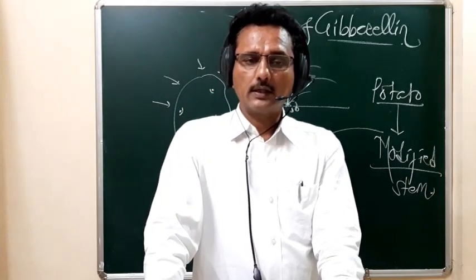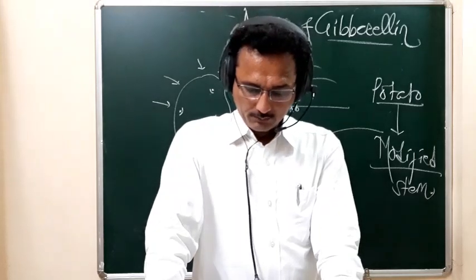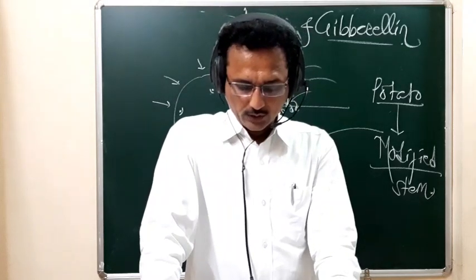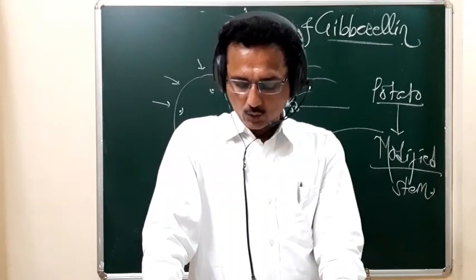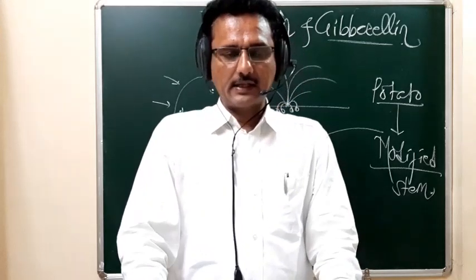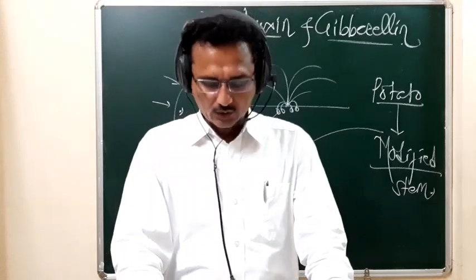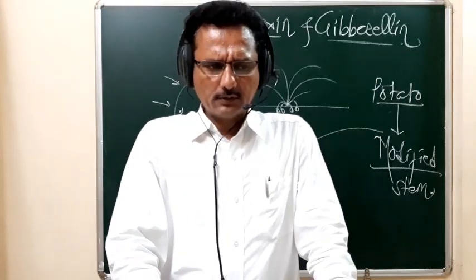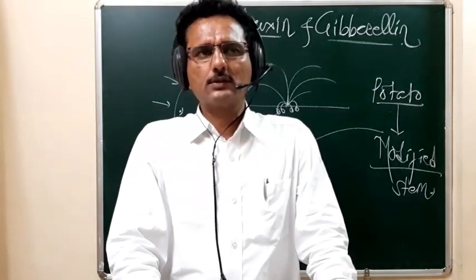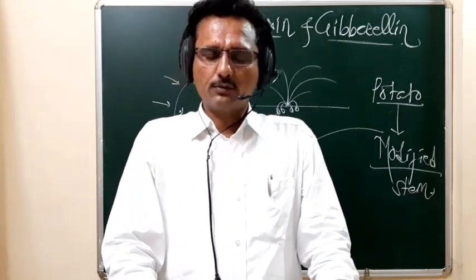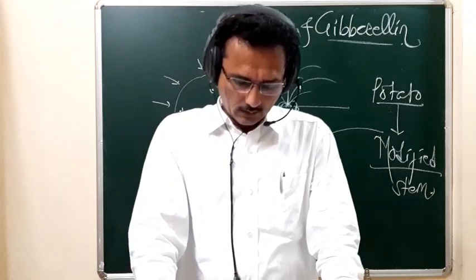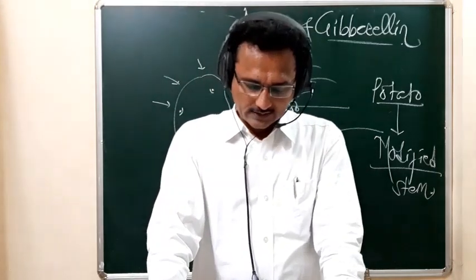So the correct answer is bound auxin. 2,4-dichloroanisole, DCA, is a bound auxin. Student, I think this is not given in our textbook, but for your information, you have to remember this.